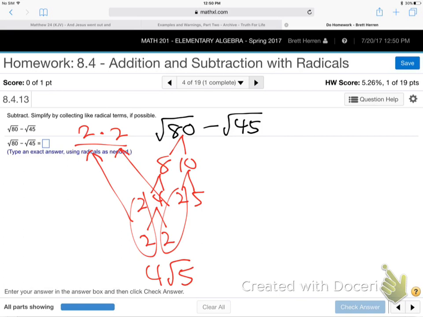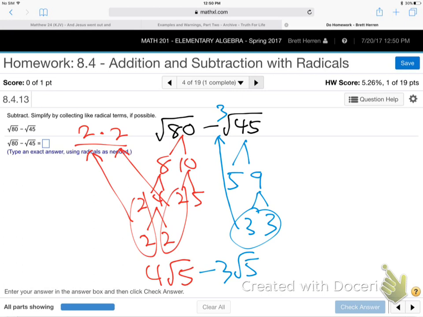All right, and then the 45. Let's break that one down. 5 times 9. The 9 is 3 times 3. 2 3's in, 1 3 out. So it'd be minus 3 root 5.